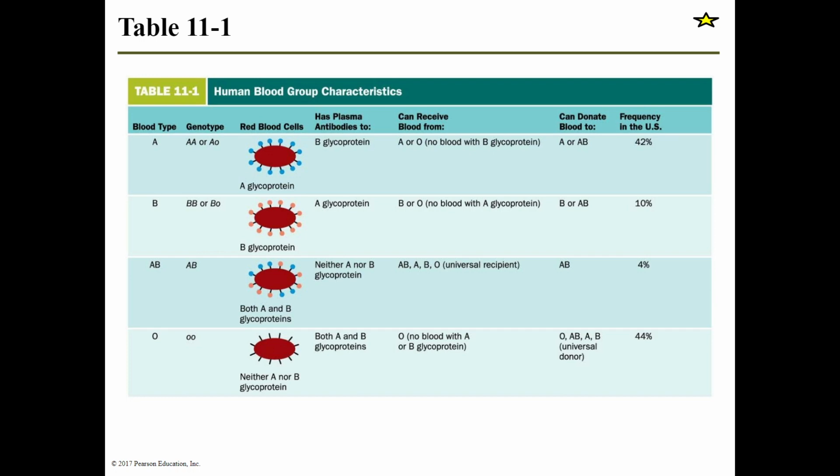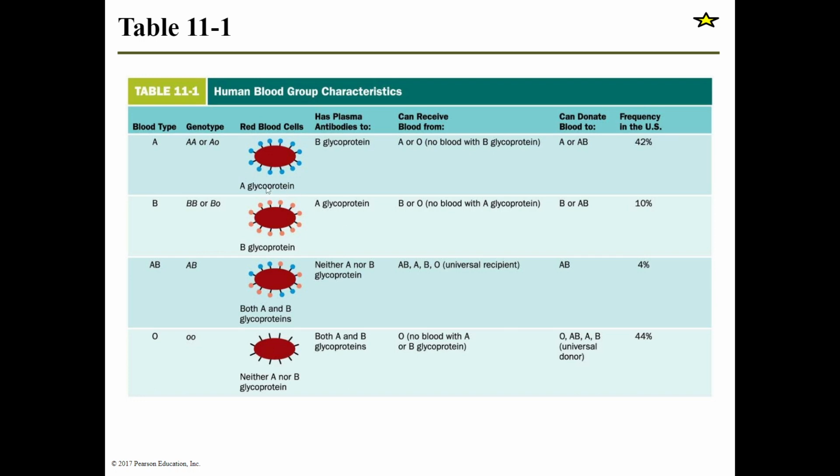So what you generally have in your blood plasma, which is the fluid the blood cells are in, are the antibodies that are opposite your surface proteins. So if you have type A blood, you have type B antibodies. If you have type B blood, you have type A antibodies. So you're going to have antibodies against the blood type you don't have.